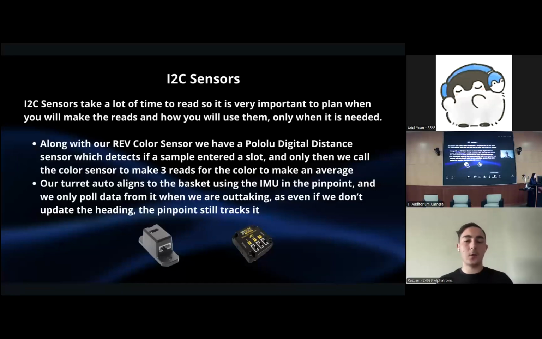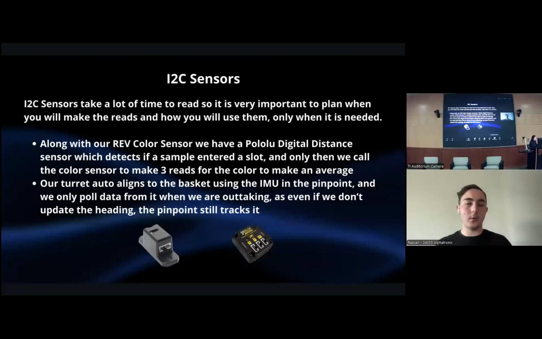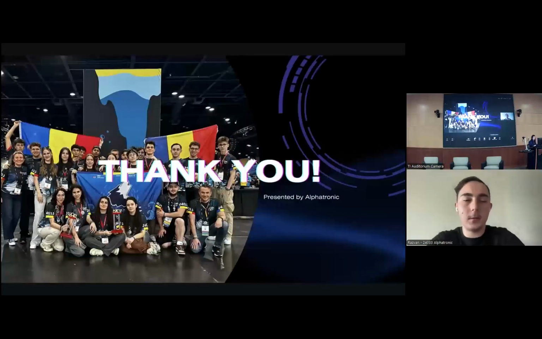So there's no need to call it and update it when you are not using it. Those were some things we learned throughout this season that helped us achieve a very consistent performance throughout all the matches.